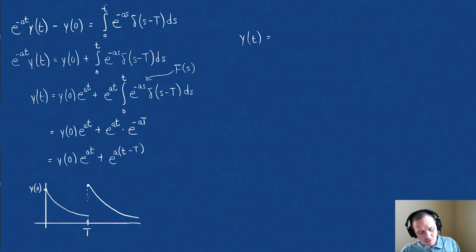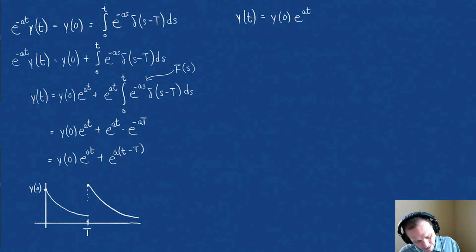So really there's two parts. Initially, there's just this piece, and let's write it this way. Y of t equals y of 0 e to the at plus e raised to the a t minus capital T. Well, this is just your null solution, and this is your particular solution.